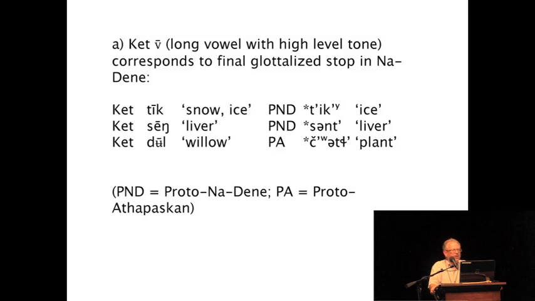Where you find that vowel quality and that tone in Ket, in the Na-Dene languages, so illustrated here by Proto-Na-Dene and by Proto-Athabascan, you find a glottalized consonant, contrasting with a plain one. So the word for ice in Proto-Na-Dene, fortunately there are no speakers of Proto-Na-Dene around, so I can't be contradicted on this, but it would sound something like ik. The word for liver, something like sunt. And the word for plant, something like twit.